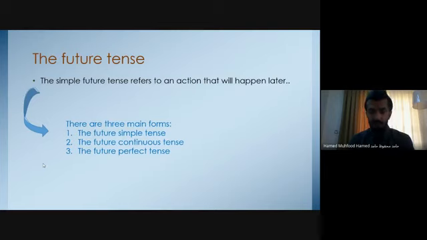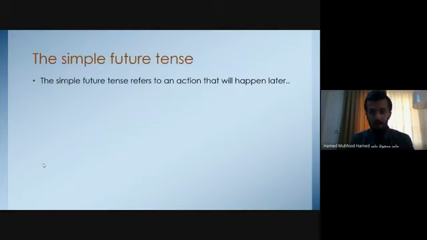And there's another one that we didn't study. However, when we studied the present tense, we studied the present simple tense, the present continuous tense, and the present perfect tense. So now again, we are also going to study the three aspects of the verb in the future tense. So we have the future simple tense, the future continuous tense, and the future perfect tense, so we will start studying them. For today, we are only concerned with the future simple tense, right?